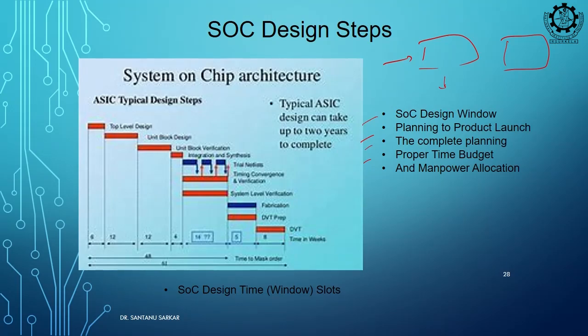The same for academia, you may say it is not that important, but it is also important. Suppose you are working with an idea and you have a plan that this is a new idea, I will fabricate this IC, and I will go for publication for this idea with the test results. Suppose you have targeted 2 years, and just in the last month of your work, you see that another researcher with the same idea has published it, someone may also get the same idea in parallel, right.